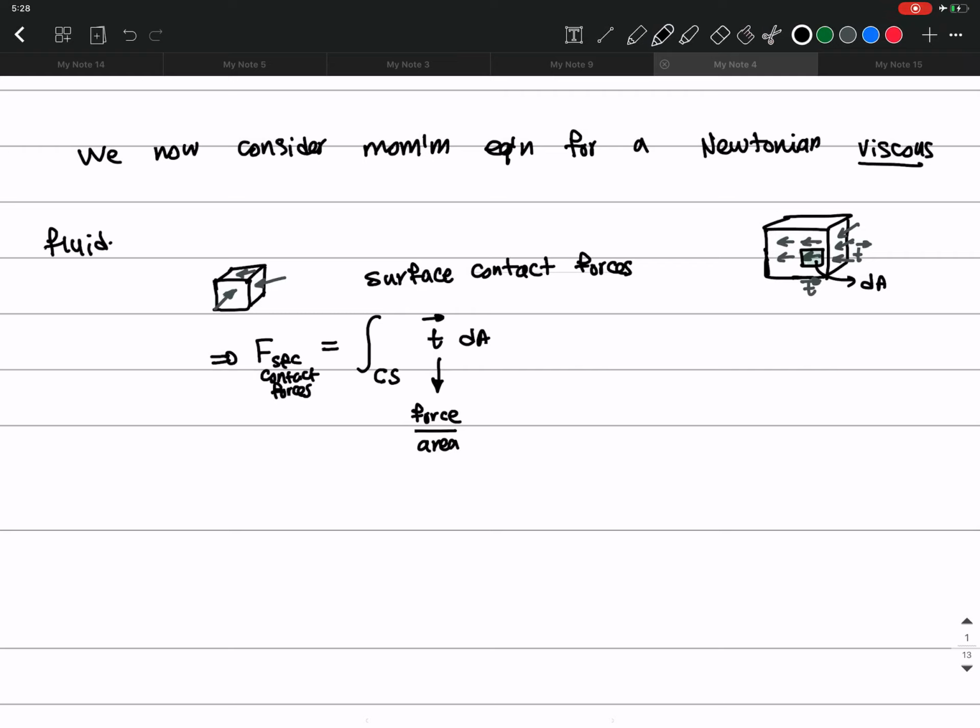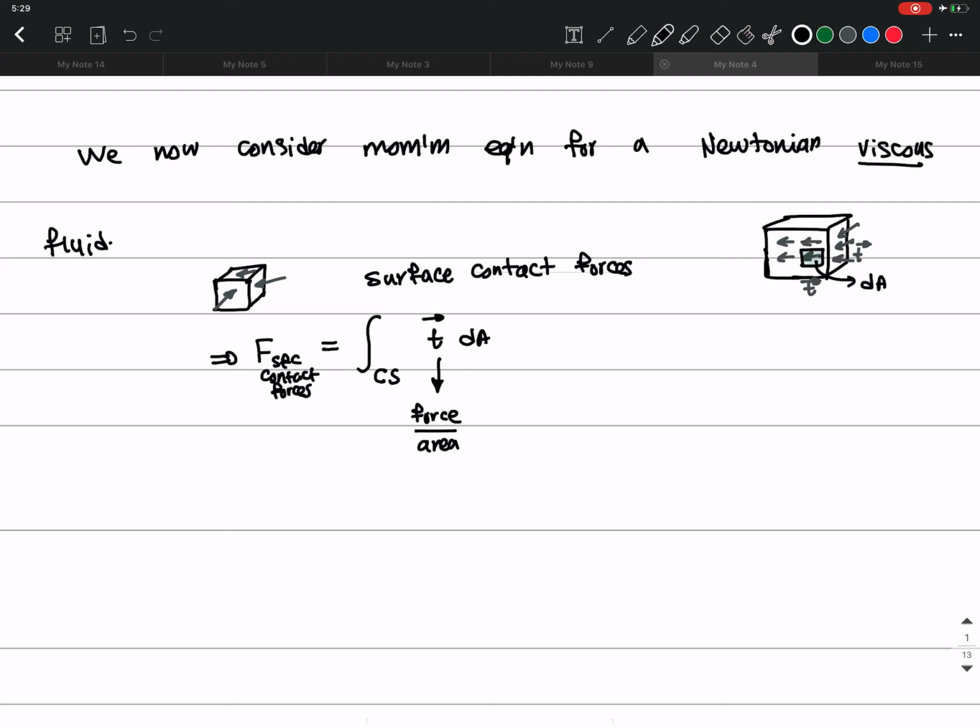So there is a theorem known as Cauchy stress theorem. It's a general theorem from continuum mechanics, so I'm not going to go through that.